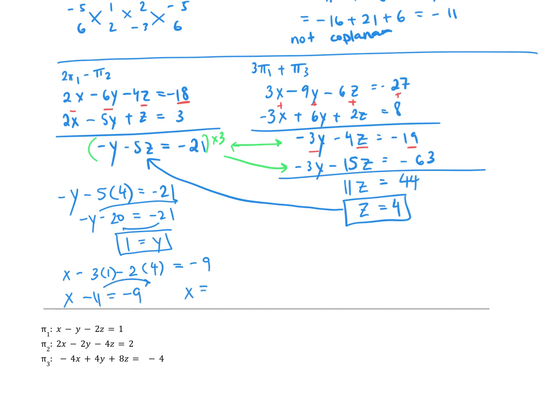So negative 9 plus 11, which is 2. So there we are, x is 2. Therefore, the point of intersection is 2, 1, 4. And you could always do a left side, right side check by checking these values in plane 2 and plane 3. I know plane 1 works because that's where I got x from.